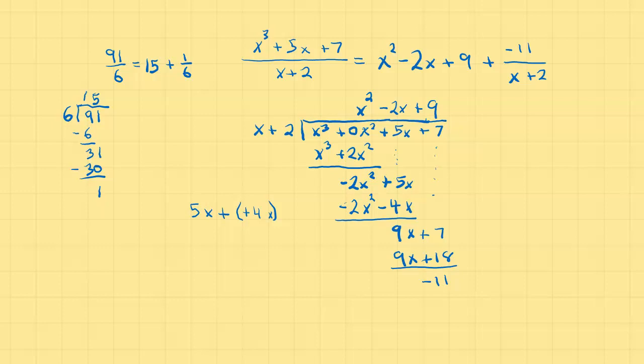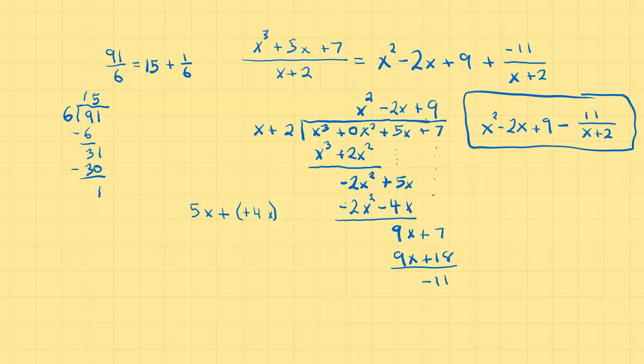And that's the answer. You can also write the answer like this: x squared minus 2x plus 9 minus 11 all over x plus 2. So here's one possible answer, and writing it like this should be okay too. Okay, so there you go. That's it.